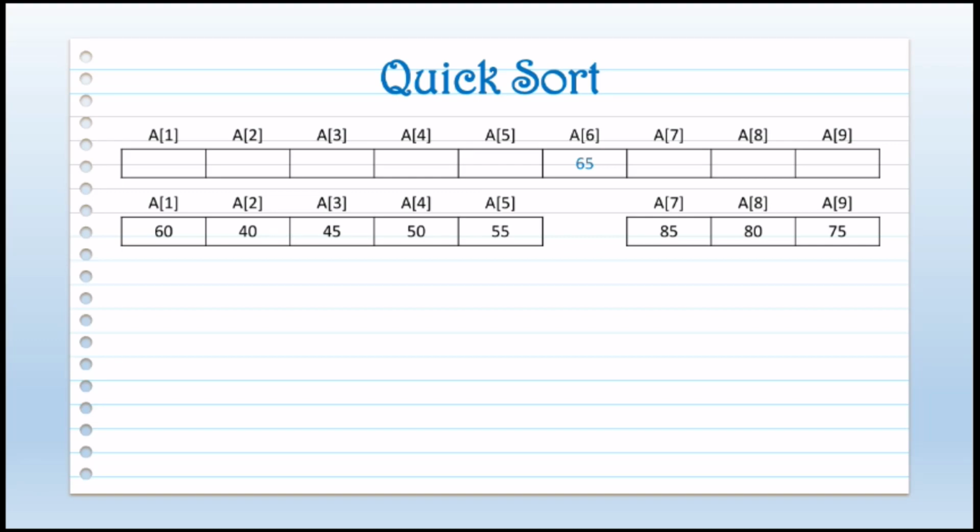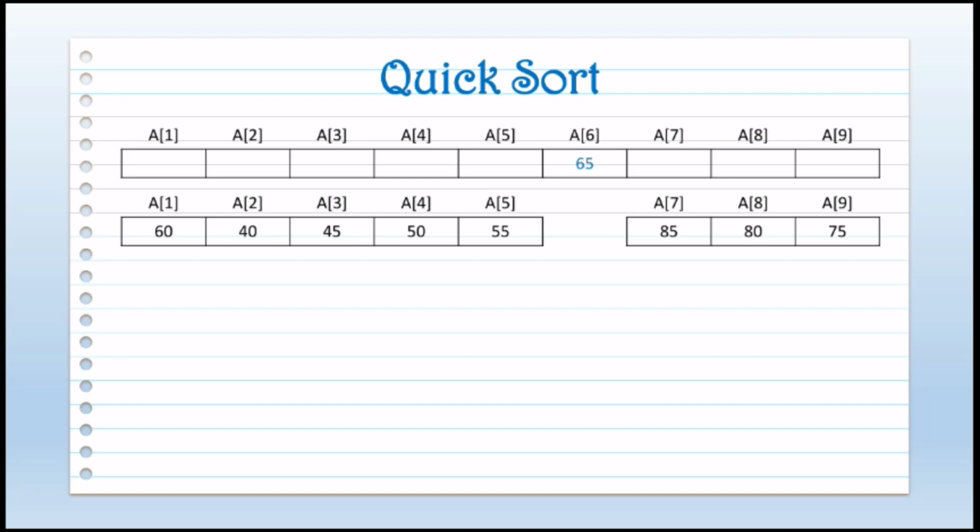So based on the pivot element, we have divided the given array into two different arrays, and you can see the values present in the first array are less than 65, and the values present in the second array are greater than 65. So we will repeat the same process for these two arrays separately.